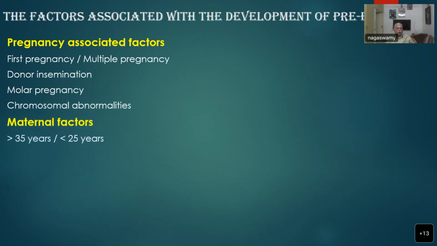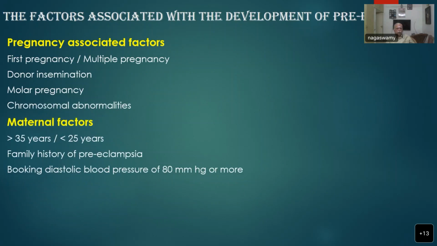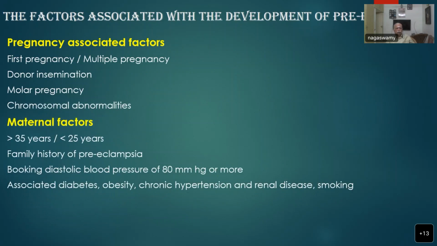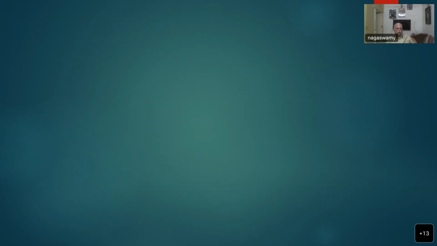Then maternal factors are the mother being very old or very young, family history of preeclampsia, and if a booking diastolic blood pressure of 80 or more is there, they are likely to go in for this. And any associated comorbidities like diabetes, obesity, chronic hypertension, and existing renal disease, all these things also can be causative. And antiphospholipid antibodies or factor V Leiden and SLE patients who suffer from such autoimmune problems are also likely to develop it. And paternal factors, first time father.